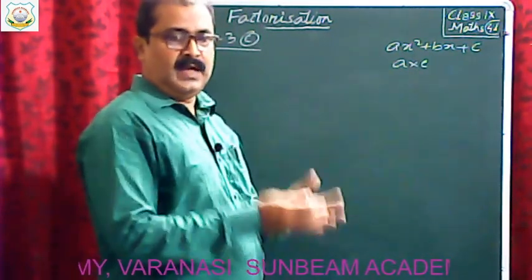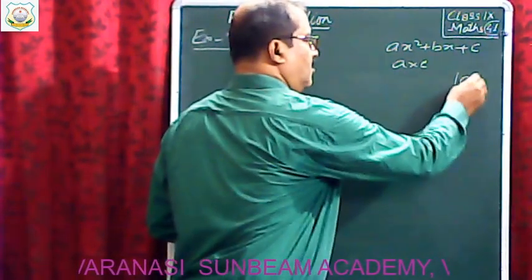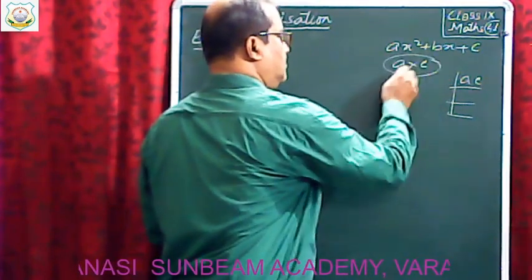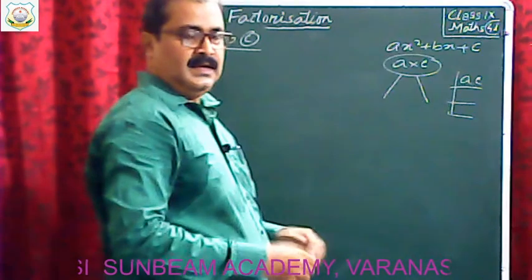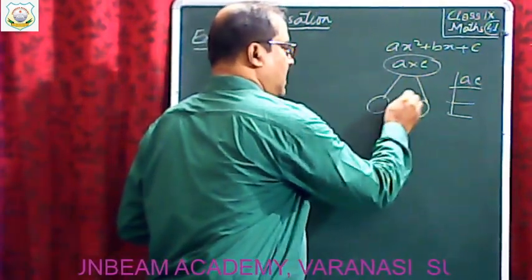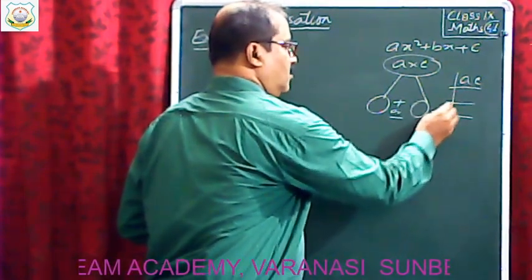Whatever product we get, we factorize the product AC, and express it as 2 factors whose addition or subtraction must be equal to b.